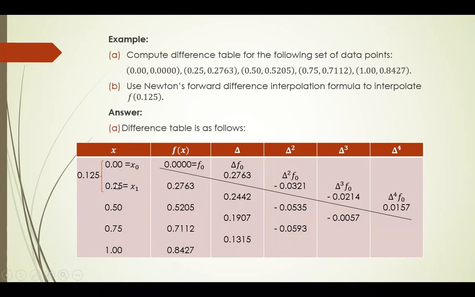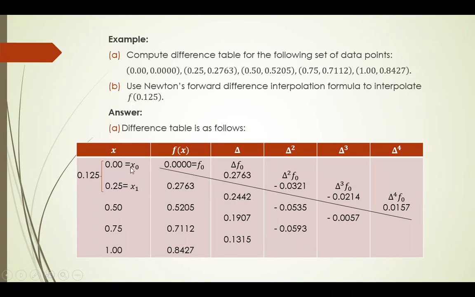It's very simple. Not between 0.25 and 0.50. Between 0.2 and 0.5 there is 0.3, 0.4, not 0.1. So 0.125 lies between 0.00 and 0.25. So the above value is your x naught and below value is x1, and this value is actually xp, which is given to you, for which you are going to calculate the functional value.